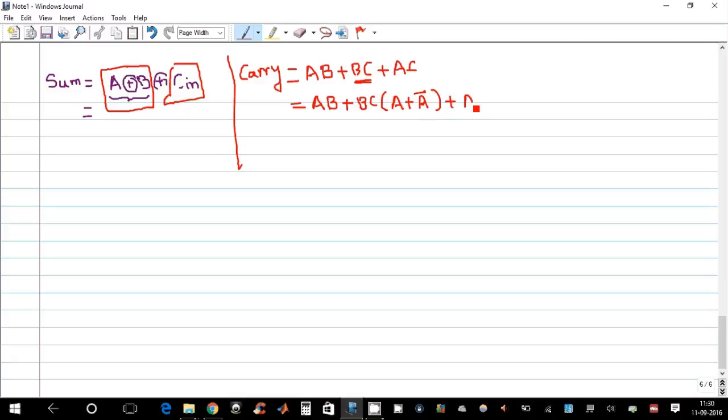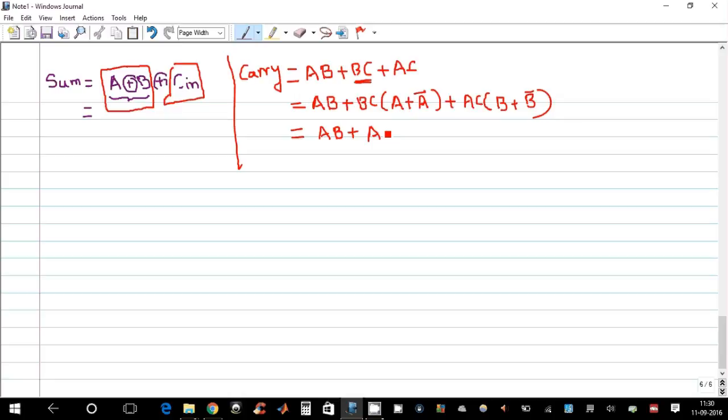Similarly, in this expression AC, the B term is missing, so we will add the term B plus B bar. As B plus B bar equals 1, and 1 into anything is itself, this is nothing but AC. So we are not at all disturbing its equivalency. Let us keep this as it is and expand the remaining terms.